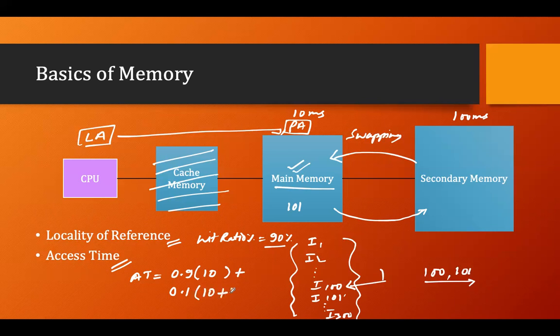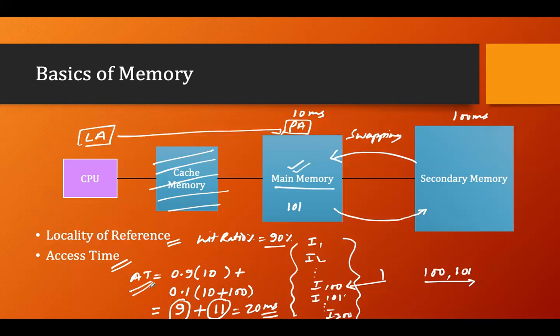So I go to the secondary memory, and there we require 100 milliseconds. So here the access time is 9 milliseconds, and here it will be 11 milliseconds. So the total access time will be 20 milliseconds. You can see that 10% of the time I am accessing the secondary memory, and it is taking a lot of time, and 90% of the time I am accessing the main memory, and it is taking very little time. In that way we calculate the access time.